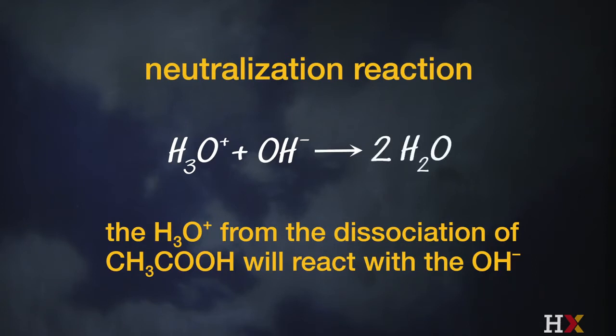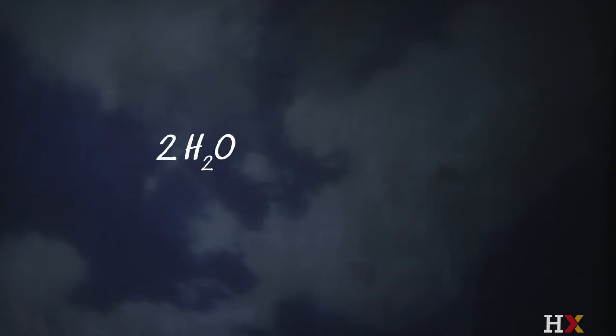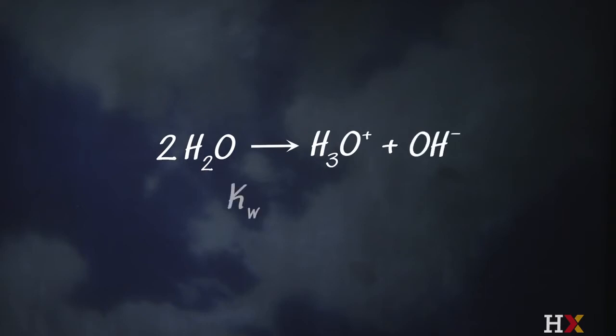But here's the interesting thing. Because the equilibrium constant for water, the reverse reaction, so if I want to write H2O going to H3O plus plus OH minus, that is the dissociation constant for water. That's 1 times 10 to the minus 14.